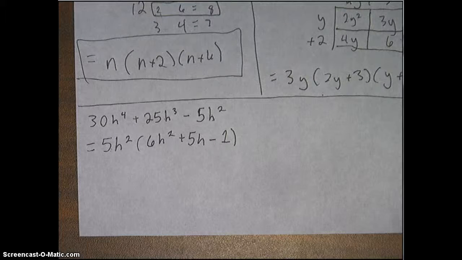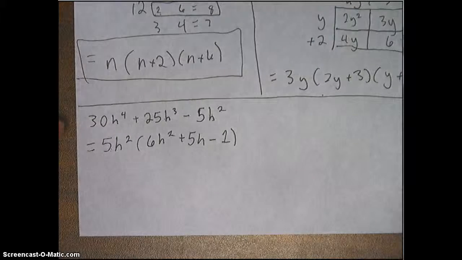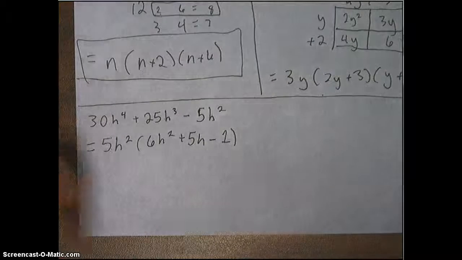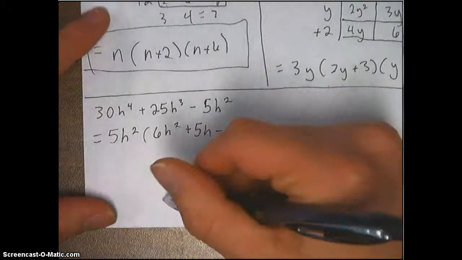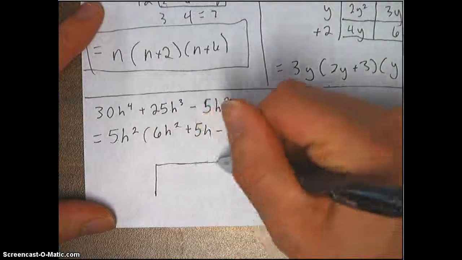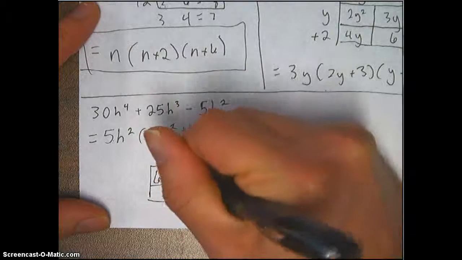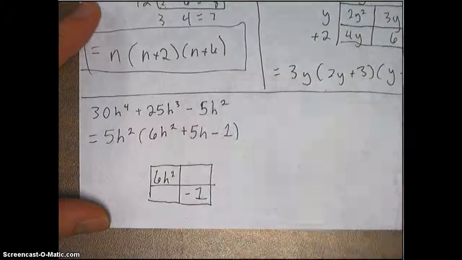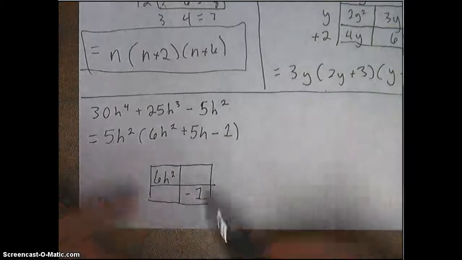So this fourth degree polynomial is not that different from the third degree. And again here, I'm going to use the box method. So I'm going to make my 2 by 2 box. I'm going to put my 6h squared, I'm going to put my -1. And I'm kind of wondering what to do with the 5h.